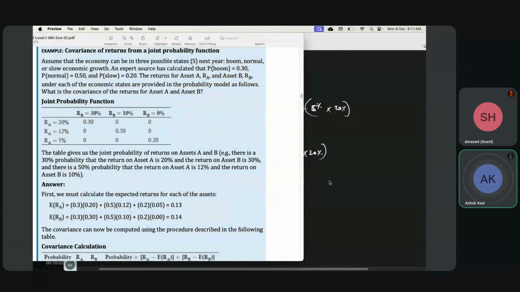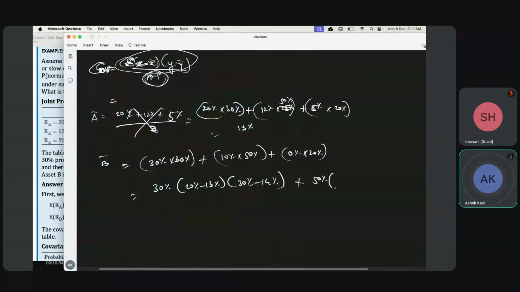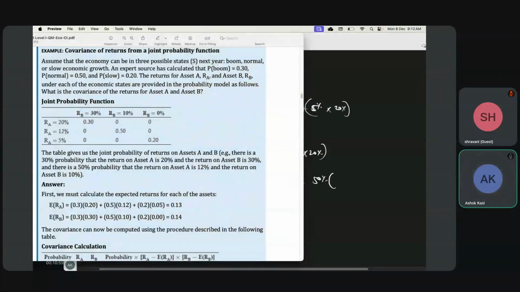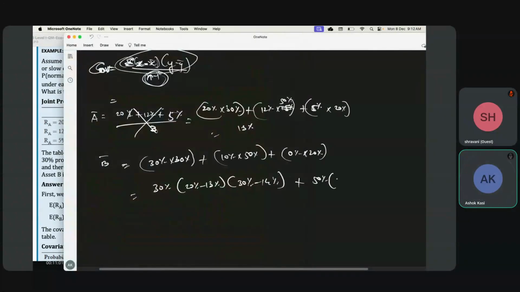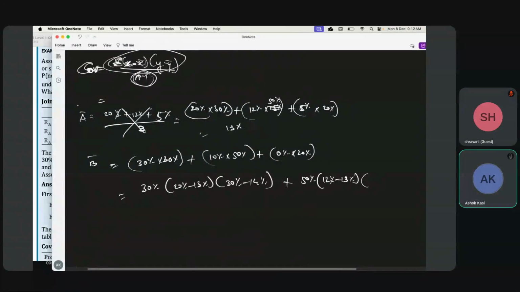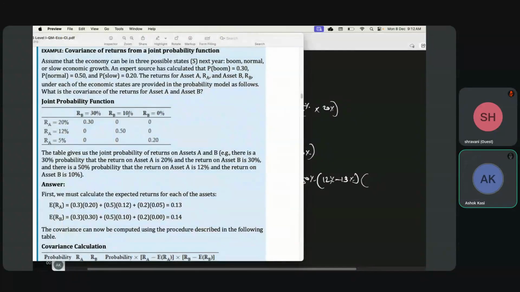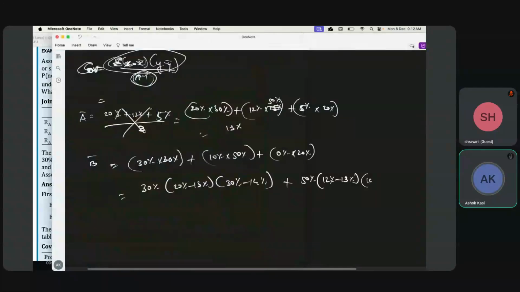Next is 50 percent of x minus x bar. The second one is 12 percent minus 13 percent, into y minus y bar. Y is 10 percent minus 14 percent.